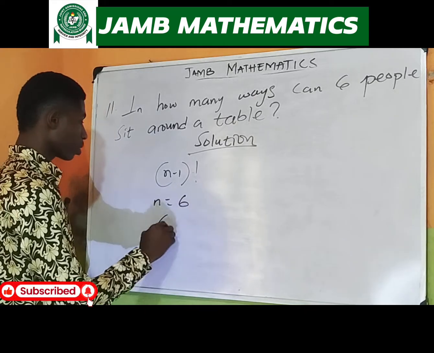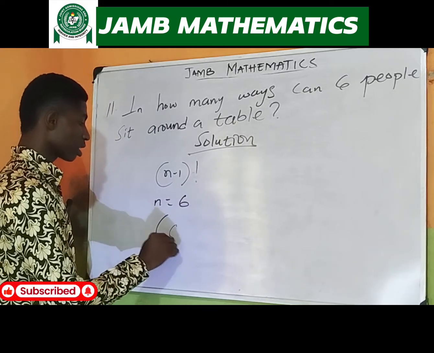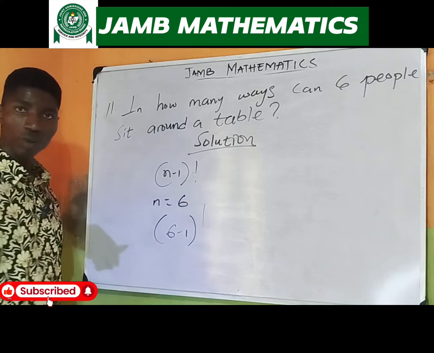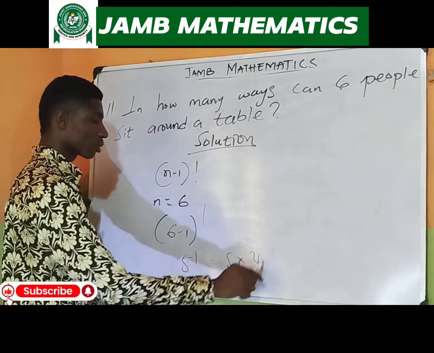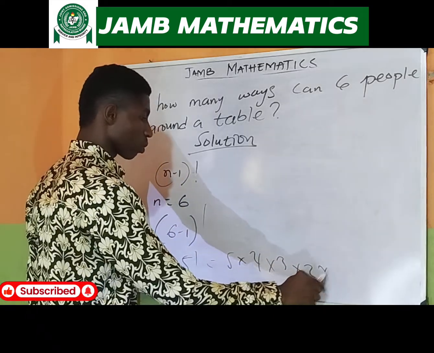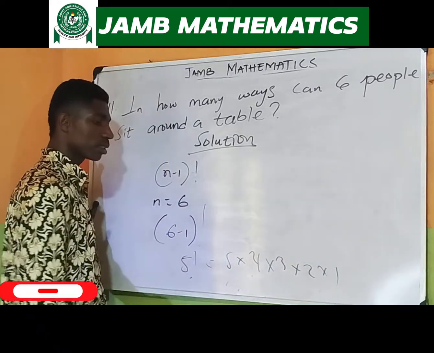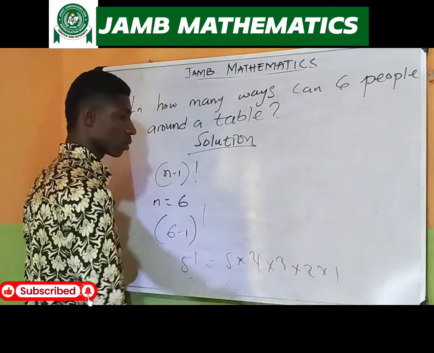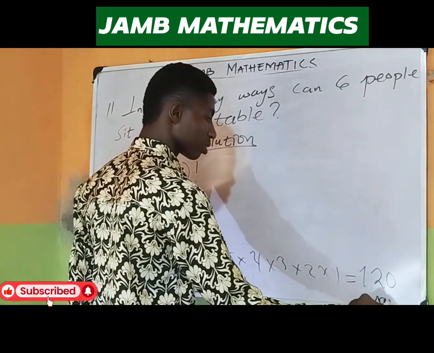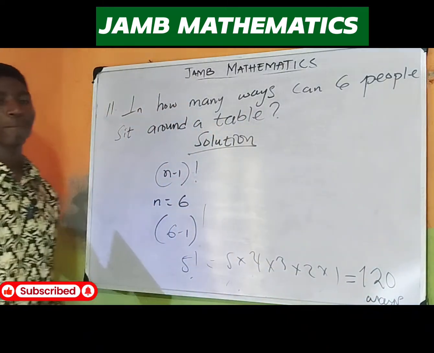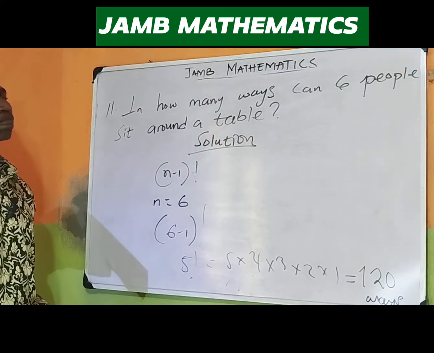So the number of ways of 6 people sitting around the table is 6 minus 1 factorial, which is 5 factorial, which is 5 times 4 times 3 times 2 times 1. 5 times 4 is 20, times 3 is 60, times 2 is equal to 120 ways. Hope it's clear.